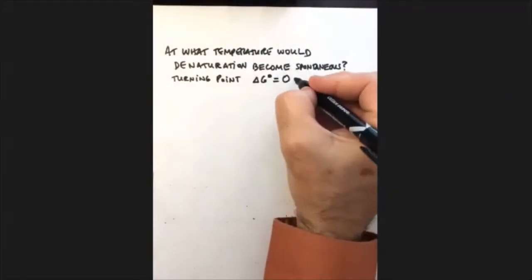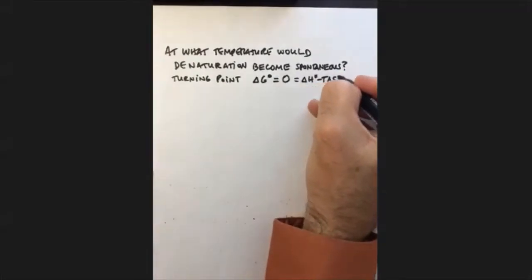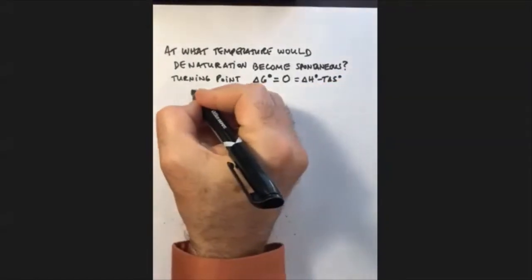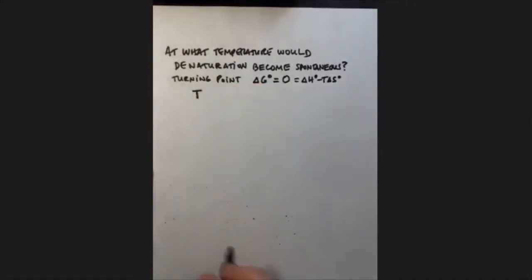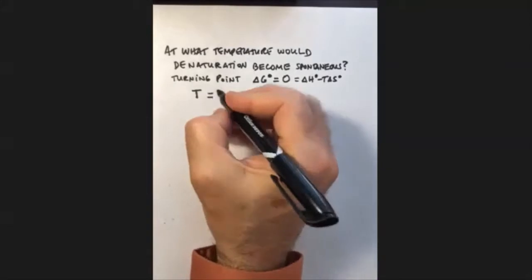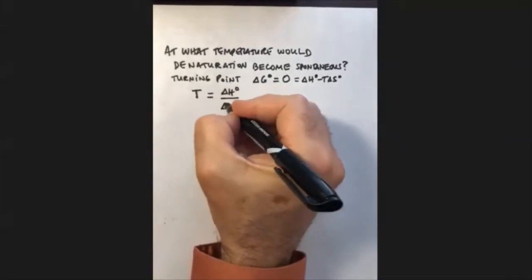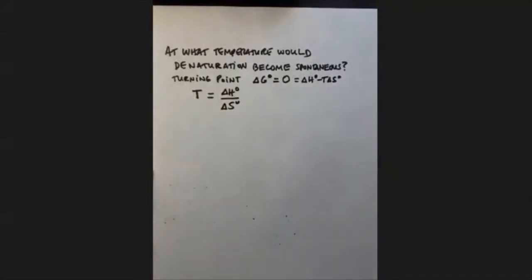But remember, this is delta H minus T delta S. So if we solve for the temperature at this turning point, that would be delta H over delta S. It's just math. I'm just rearranging that expression.